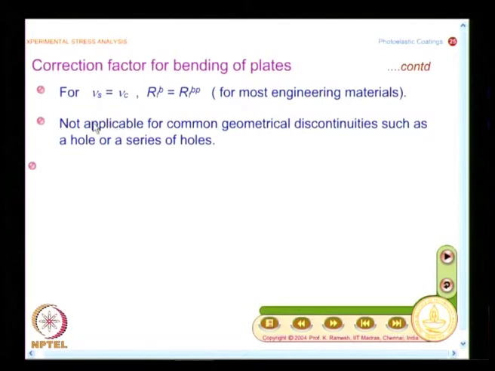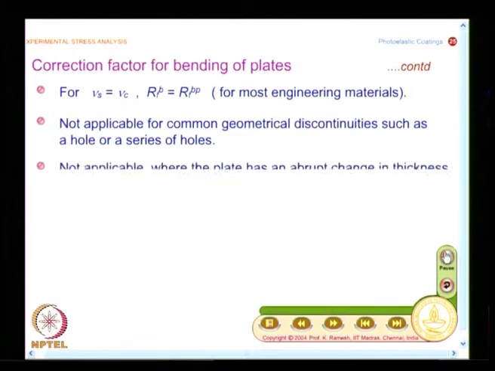And I had already mentioned that whatever the correction factor that we do, they are not meant for common geometrical discontinuities such as a hole or a series of holes. It is also not applicable when the plate has an abrupt change in thickness.